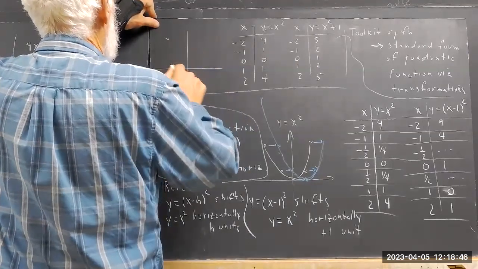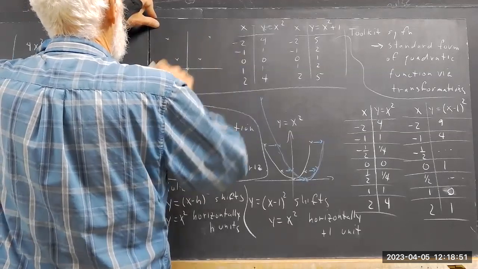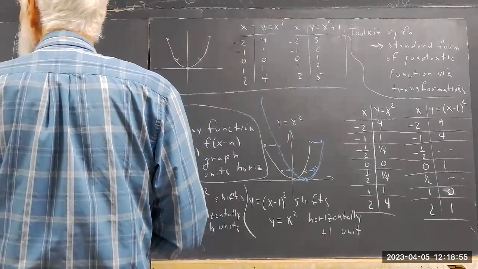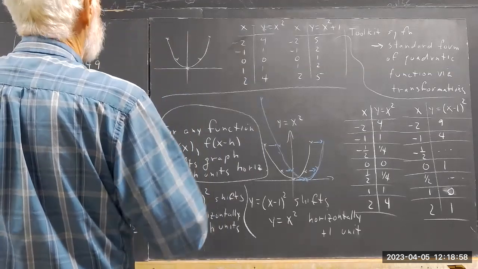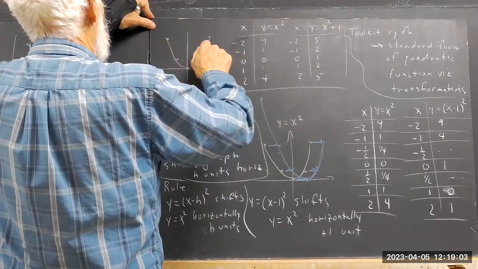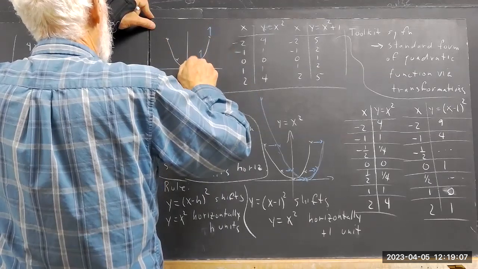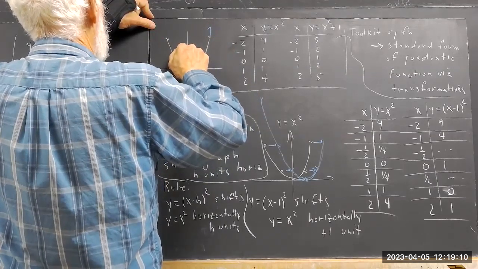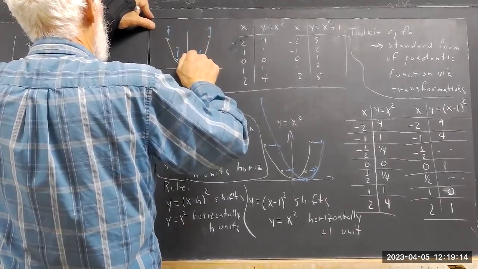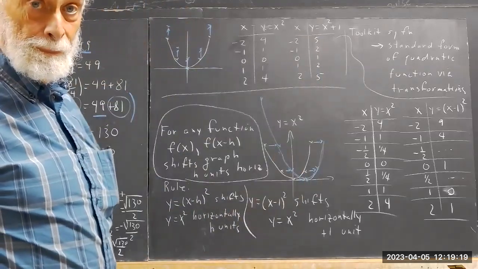And now if I take my graph of the x squared function, what I have to do is shift each point 1 unit higher. And my y values will match the y values in the table.